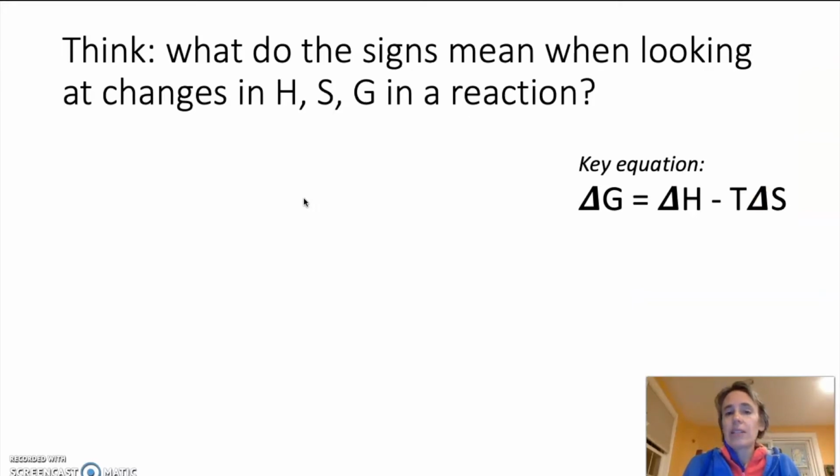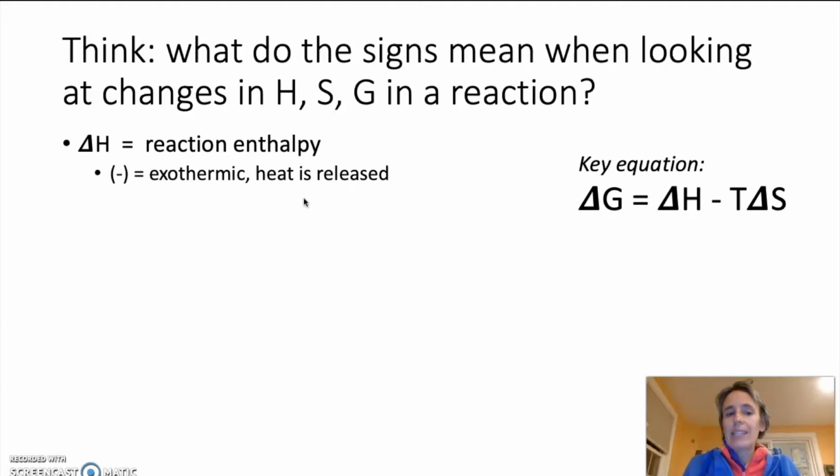So let's think about the signs on these terms. The change in enthalpy over the course of a reaction, delta H, also called heat of reaction or enthalpy of reaction, you learned that last semester. It's essentially how much heat is released. If we're starting at one energy level and ending at a lower energy level, that's an exothermic reaction. That's a drop in energy, and so the sign on that exothermic reaction is negative.